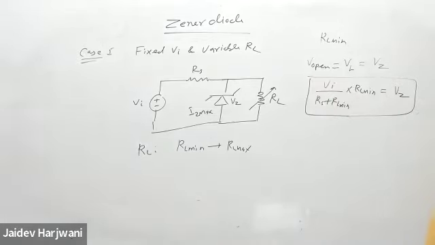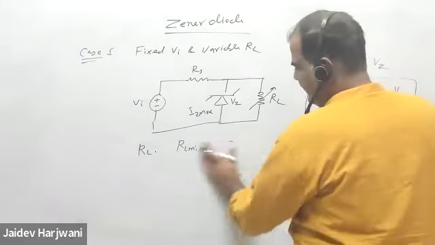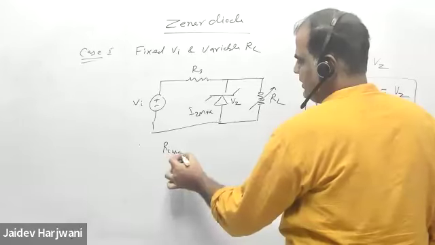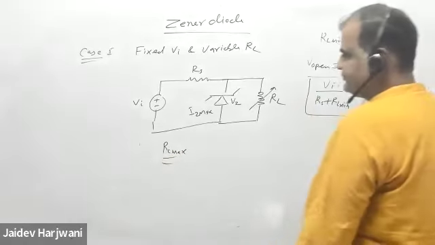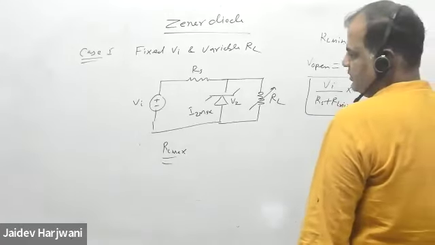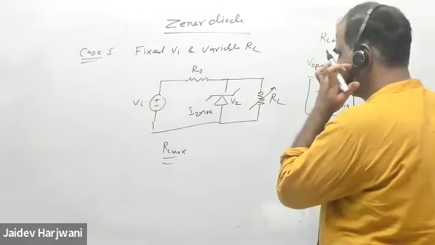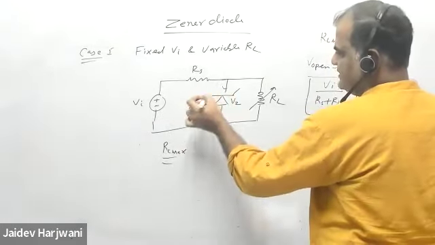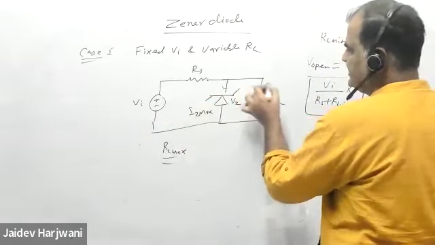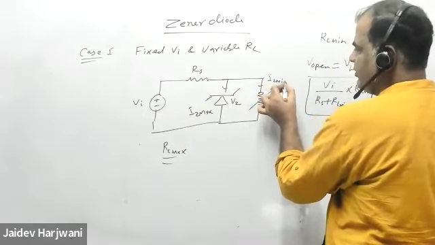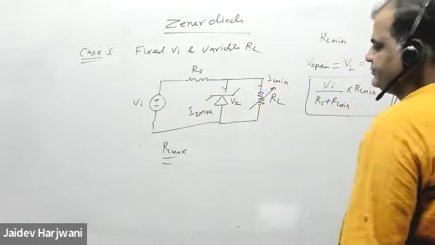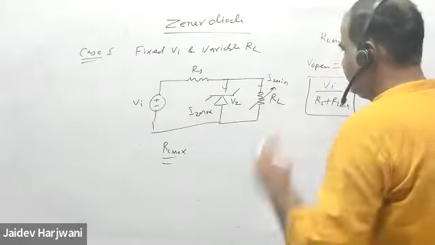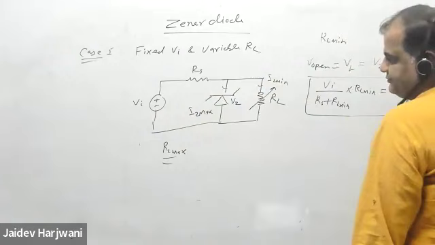Similarly, we have seen RL max. How can I find RL max? When your VI is fixed, if IZ max is flowing here, IZ minimum will flow in the other case.